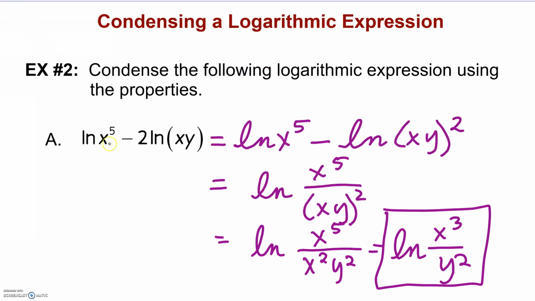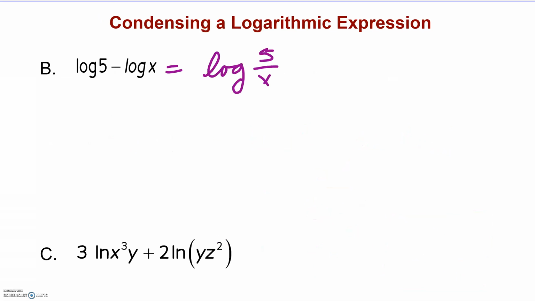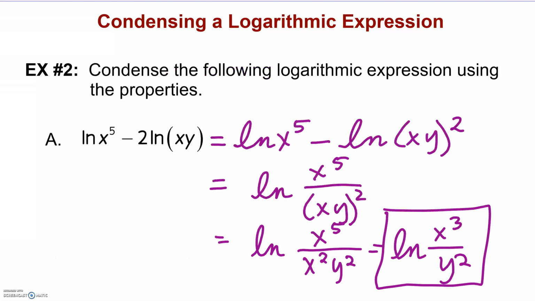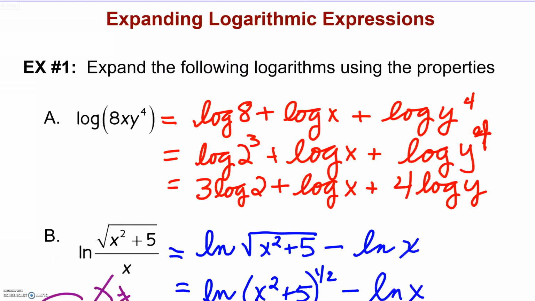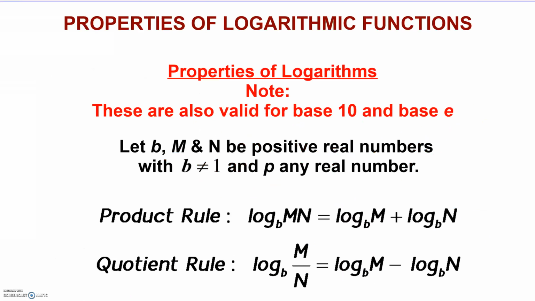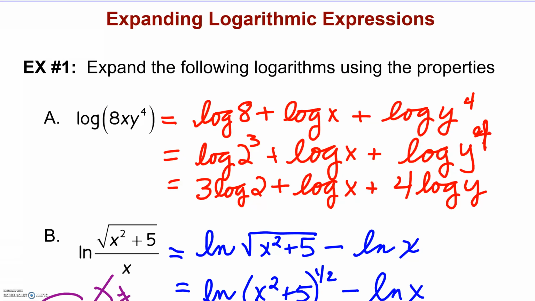Over here, I used the properties for log base e, which is natural log. Here, I used it for log base 10, which is common log. It applies to whatever base you are using. If you go back here to the properties, the product rule applies for any base b. And so we're using it for base 10 and base e, and that is applicable.